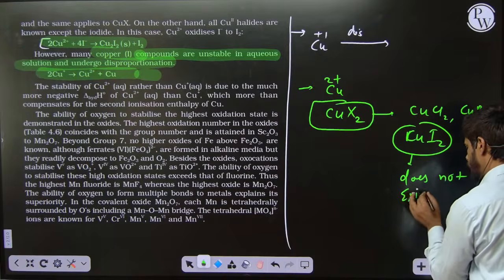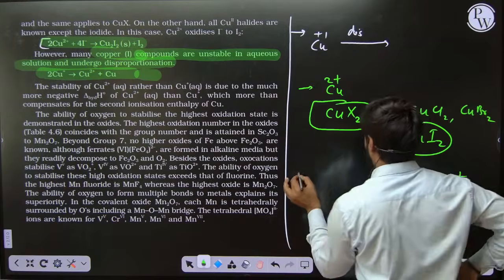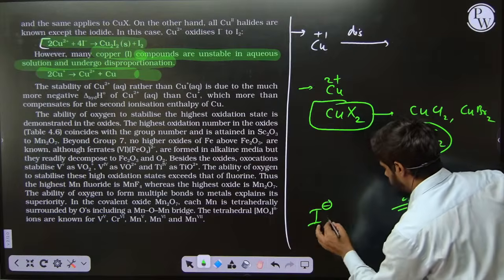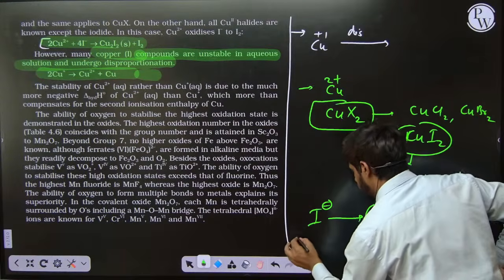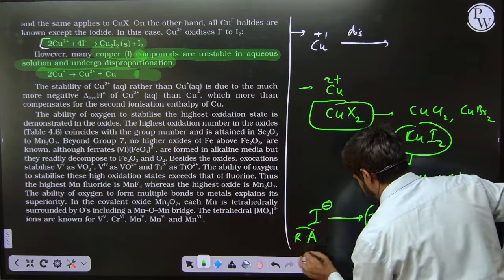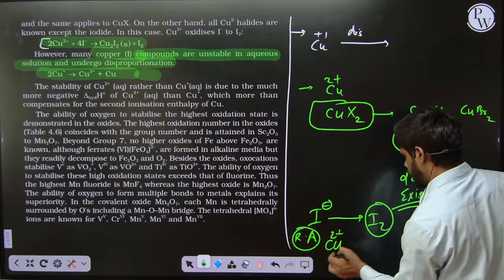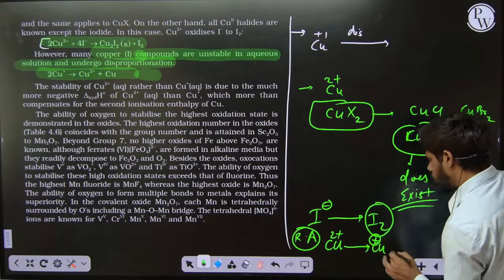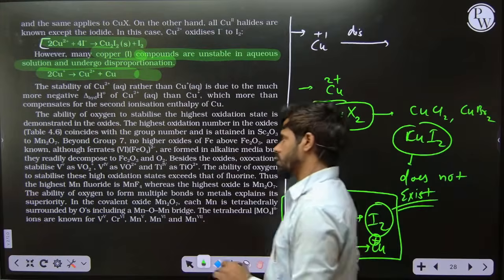What is the reason behind that? Basically I- gets converted into iodine, so it is a very good reducing agent. It will reduce Cu2+ to Cu+. This will occur in the case of CuI2, that's why it does not exist.